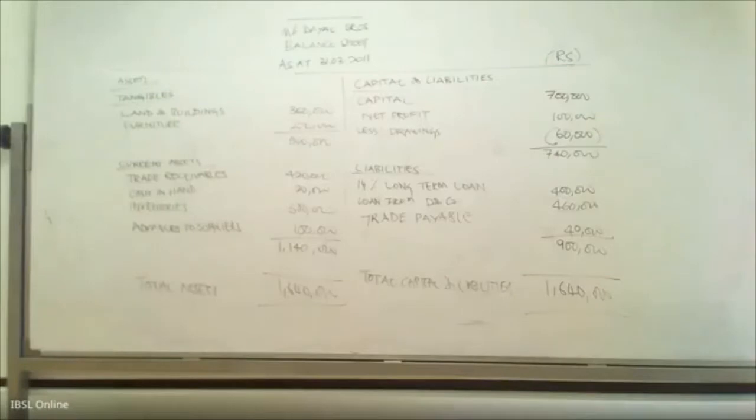So this is how you do a balance sheet of a sole proprietor. Because of the space only I have written it like this, but in exams actually this has to come one after the other. That is, you start with the assets and below that you write the capital and liabilities. So your balance sheet will be a long financial statement. You don't write it on two sides.